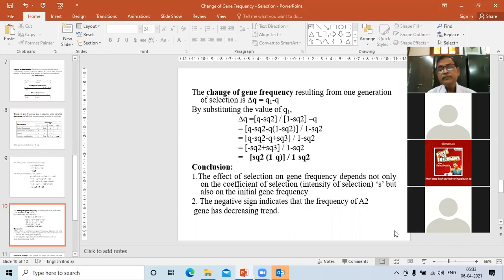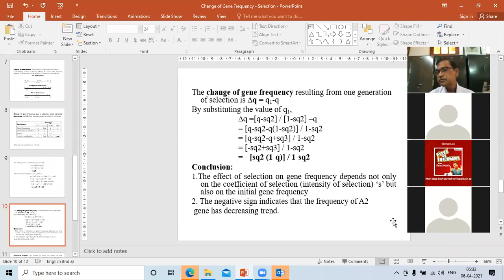So in this way, in the other examples, for no dominance, we can calculate the gene frequency due to selection. This is one of the calculations.